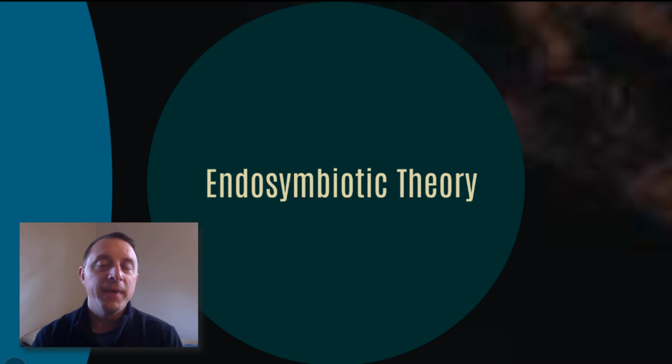Okay, one topic that I am going to touch on a little bit here with organelles is this endosymbiotic theory. And this theory relates back to the early formation of our energy organelles, the chloroplast and the mitochondrion. And where did these come from through evolution?